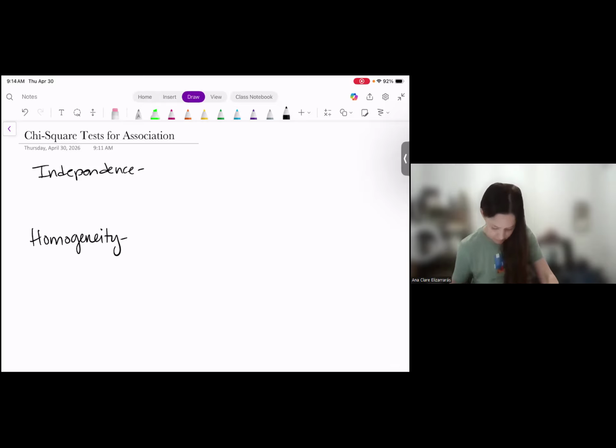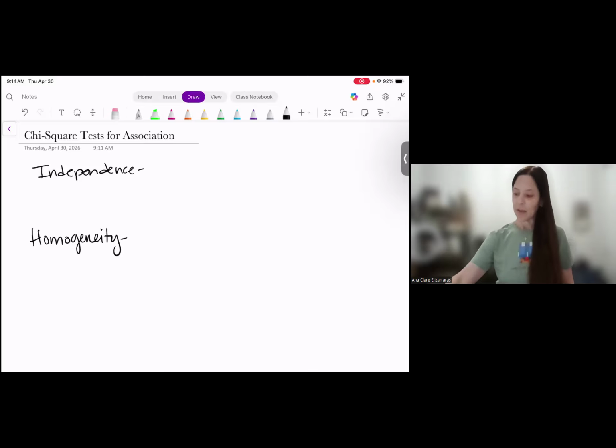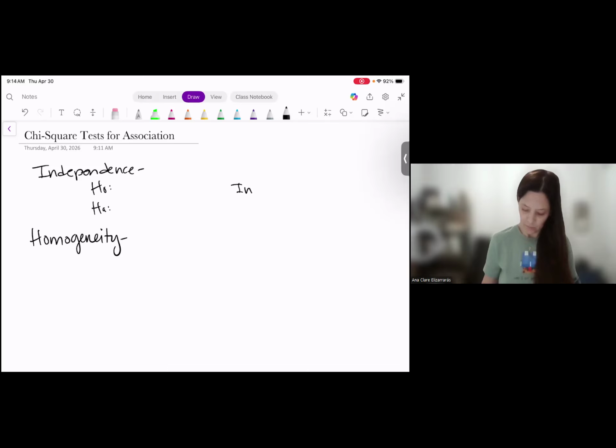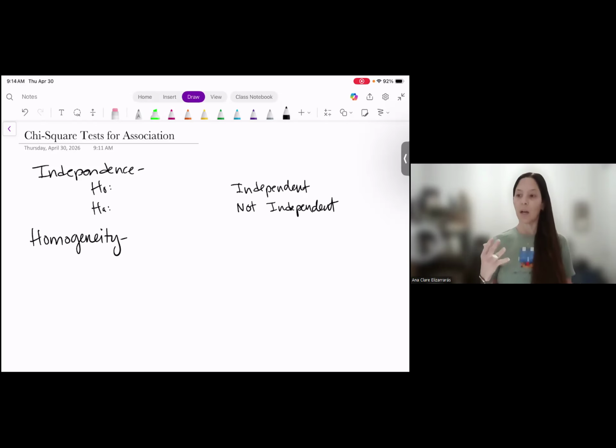In independence, the chi-squared null and alternative hypotheses are that the two things are independent or they're not independent. But we don't just say independent or not independent.